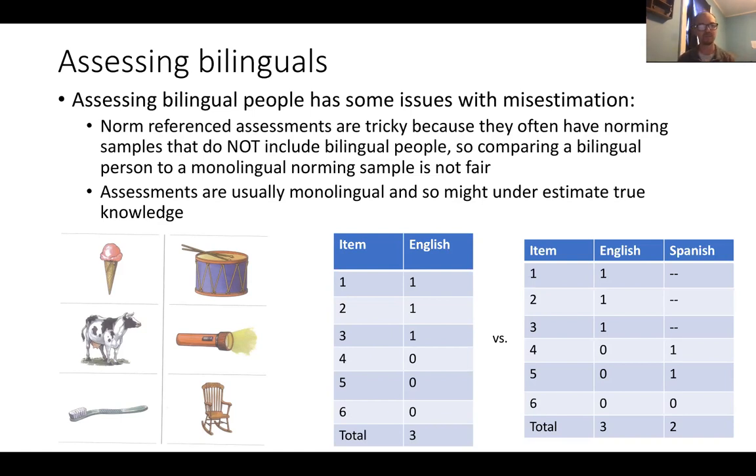But in most cases, assessments are not done this way. They're done the first way. That is, they're administered to bilingual kids in a language in which they might not be yet fully proficient. And that would be English in this case. And so you have this problem of misestimating what kids know with lots of assessments.